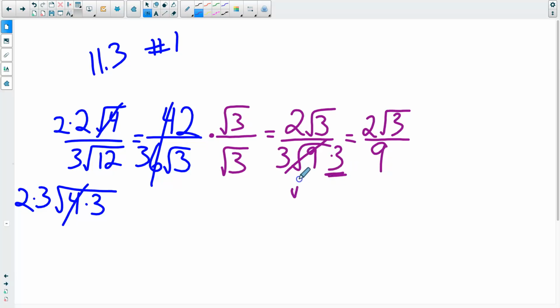So if that was the square root of 16, I would also cross it off and just put 4 right there. Why isn't it 3 times 3? You can write it like that too. So I could have like 3, and then I could go, well, that's 3 times 3, right? And then that pair gets taken out as a 3.